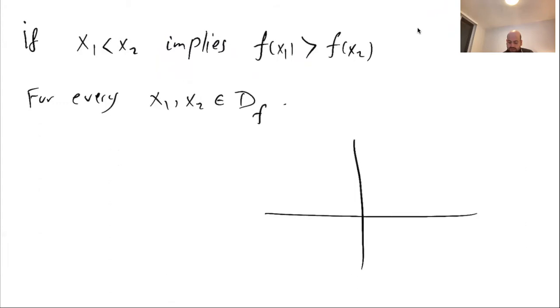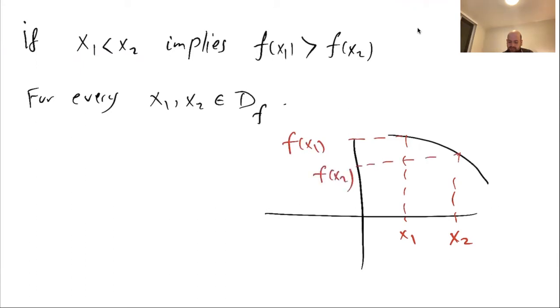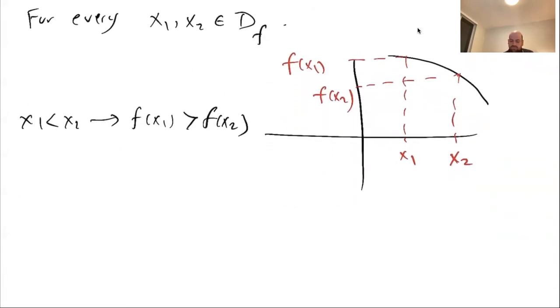So a decreasing function looks like this: for any x1 and x2 with x1 less than x2, f of x1 this time is bigger than f of x2.